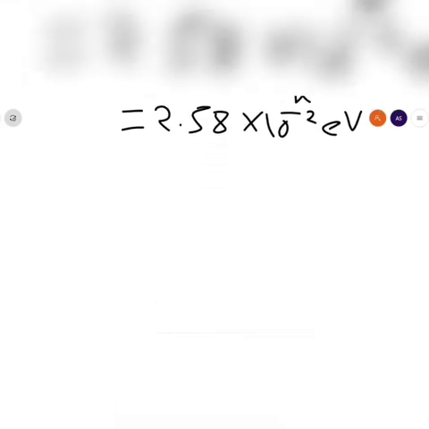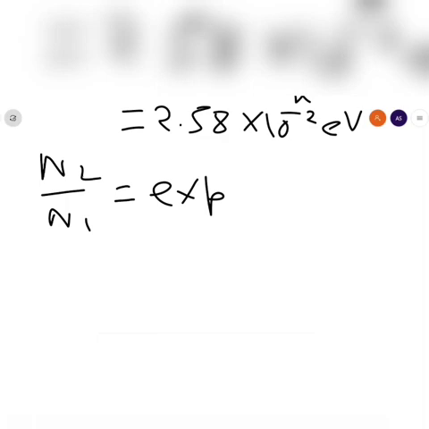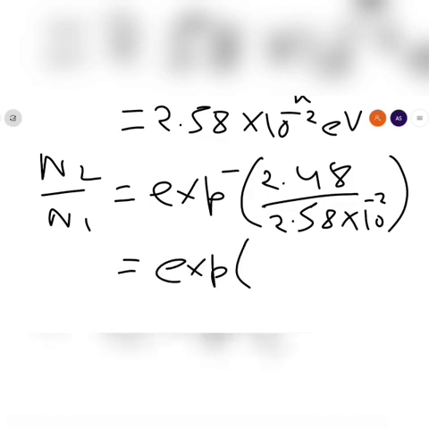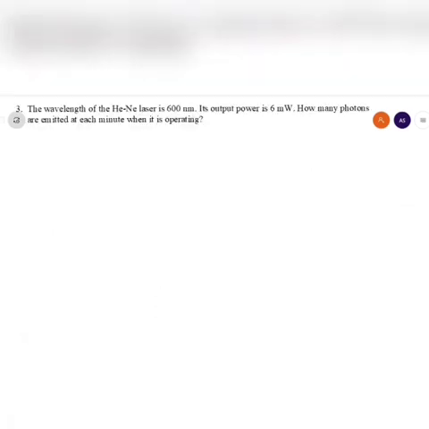Now the ratio of population n2 by n1 is exponential of negative 2.48 divided by 2.58 into 10 to the power minus 2, then the ratio is equal to e to the power minus 96. That is the final answer.